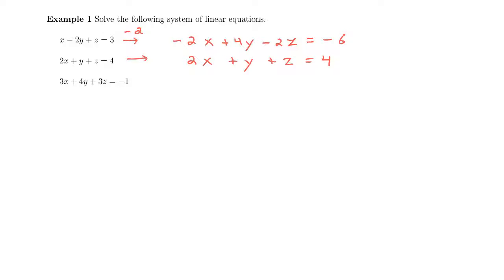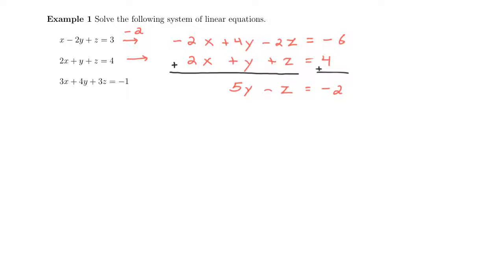All right. So I'm doing this so that when I add them together, I'm canceling at least one of the variables. And what do you know, the x's cancel. I'm left with 5y minus z is equal to -2.